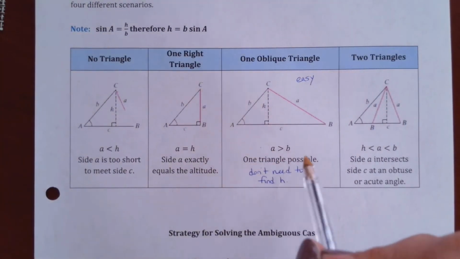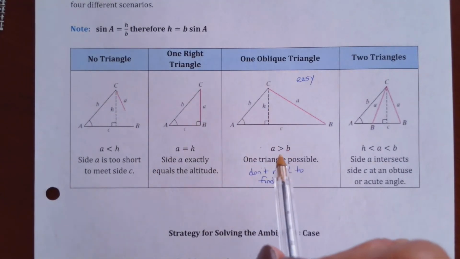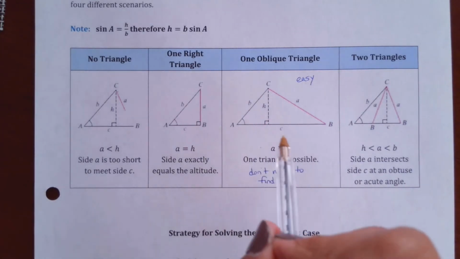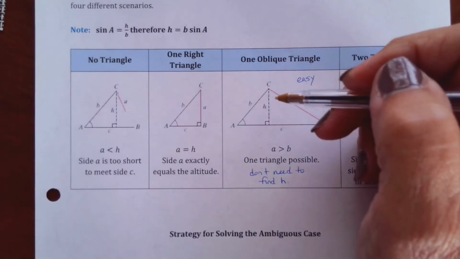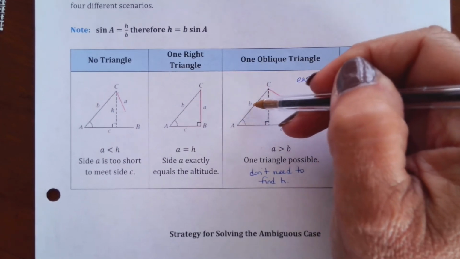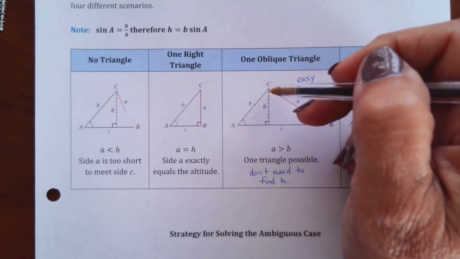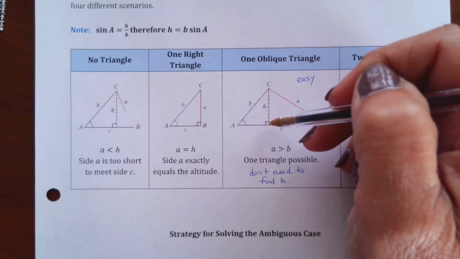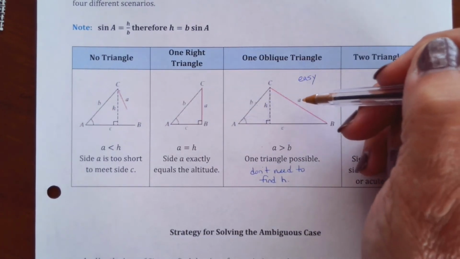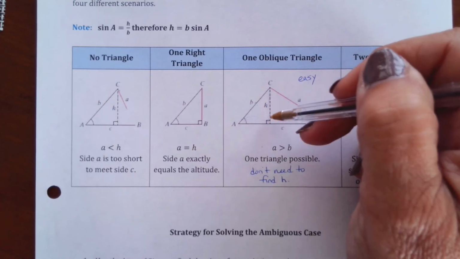Notice there's no h in this setup here. Even though they show it here, we don't need it. The reason why we don't need it, think about this picture right here. Let's just look at this triangle on the left. b is the hypotenuse of the black triangle right here. So if a is bigger than b, automatically a is going to be bigger than h, because h is smaller than b.